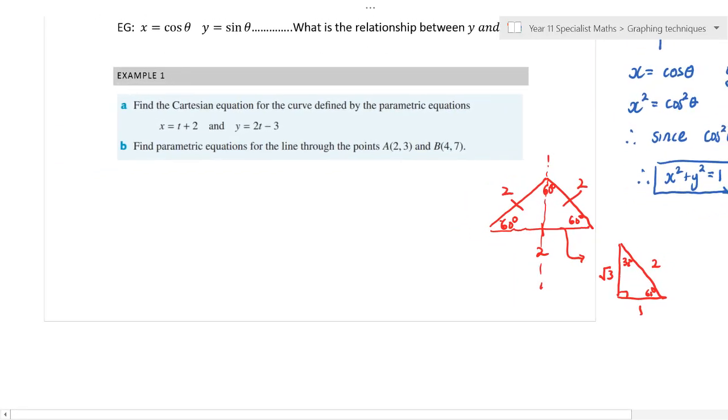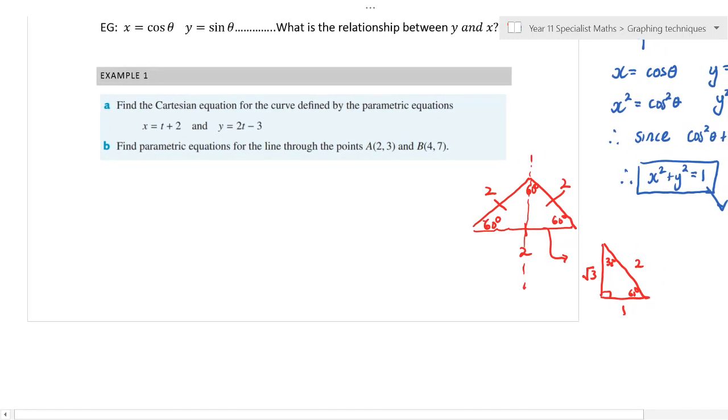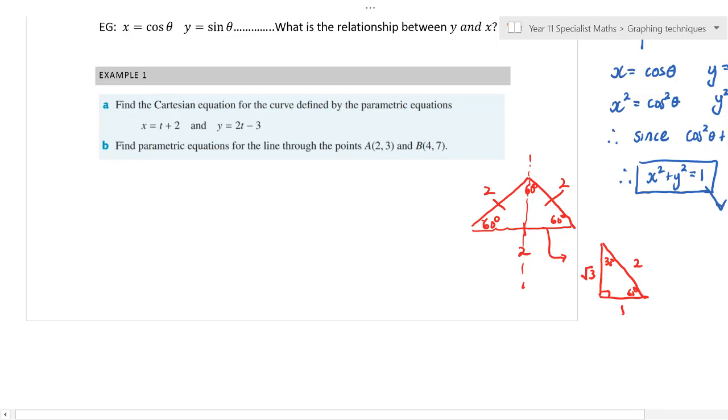Now find the Cartesian equation for the curve defined by the parametric equations. As you can see here, you've got t as the parameter, so you don't have something as easy as x equals t. But usually we have y in terms of x in a Cartesian equation.